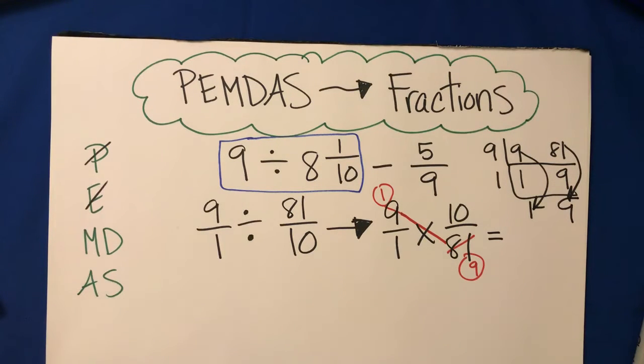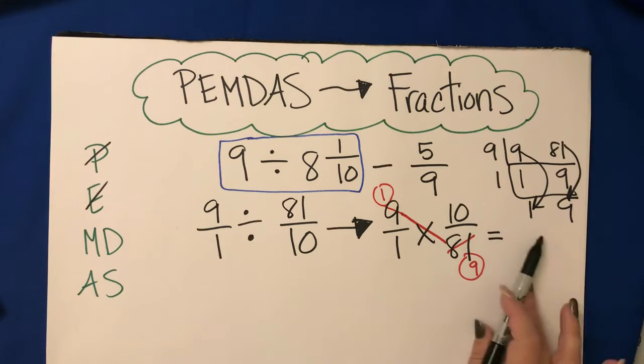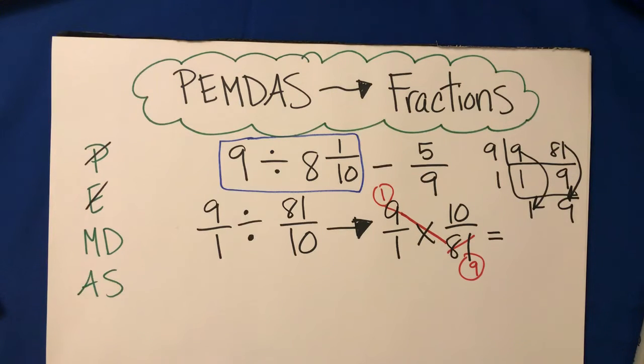So what do we wind up with now? Good job, Jaden. Yeah, we changed the 81 into a 9 here. So what does our answer come to at the very end, guys?